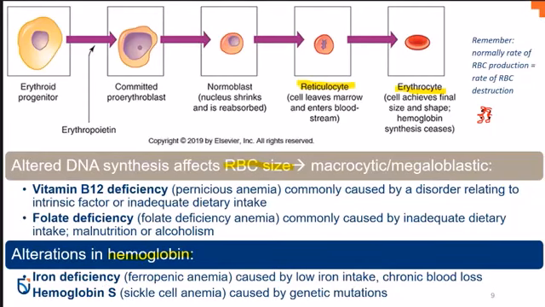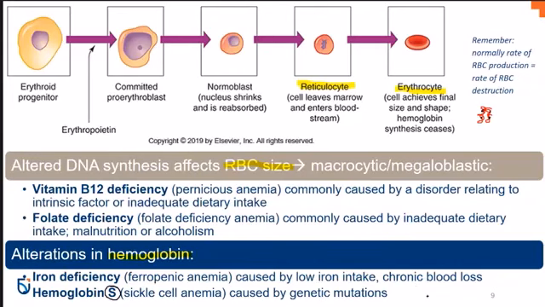The final example here is hemoglobin S. So somebody that has a mutation, and we talked about this a little bit in genetic diseases, somebody that has a genetic mutation of hemoglobin can have hemoglobin S, which is sickle cell anemia.